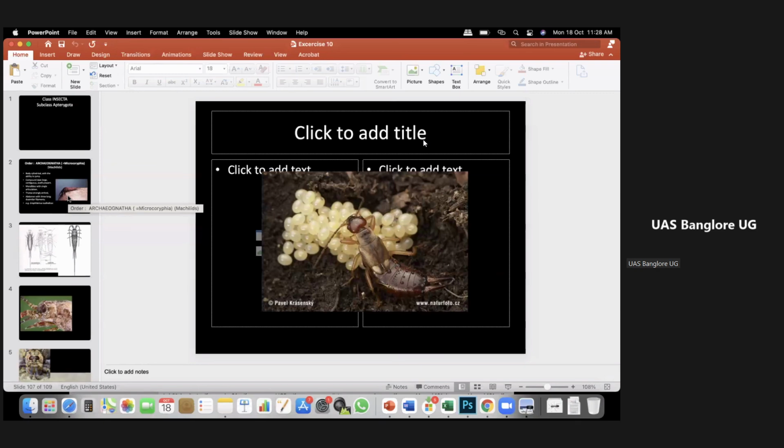Equal wings in case of Anisoptera. In Zygoptera, the wings are narrow. How do you differentiate Anisoptera and Zygoptera? The nymphs, the naiads, have rectal gills in case of Anisoptera, whereas in Zygoptera they have caudal gills. Please remember this. And the wings are held horizontal in one and held vertical in the other. So that is how you can differentiate. These are easy marks.